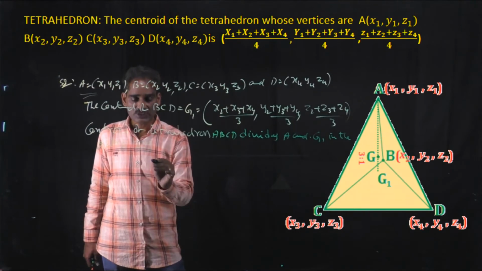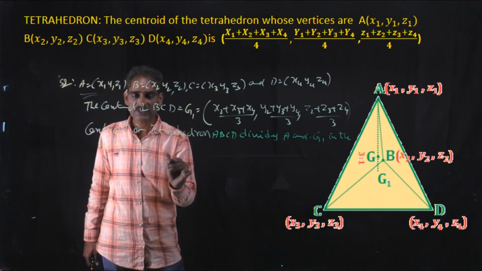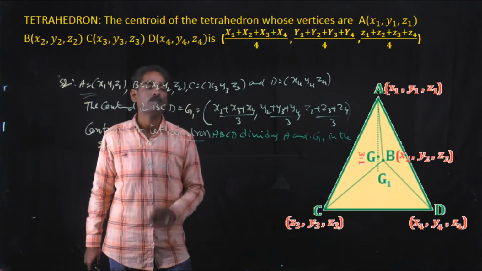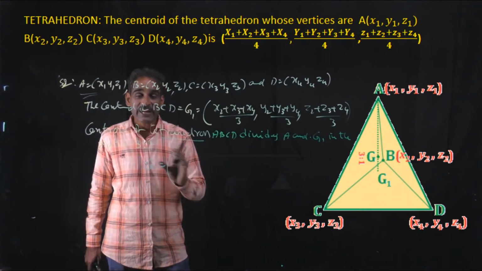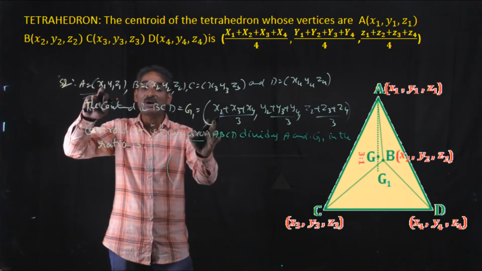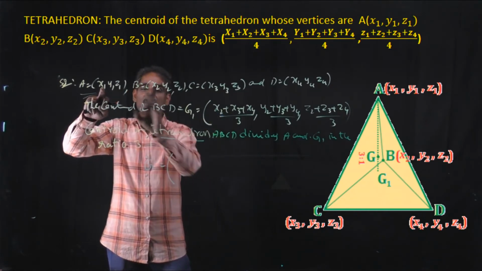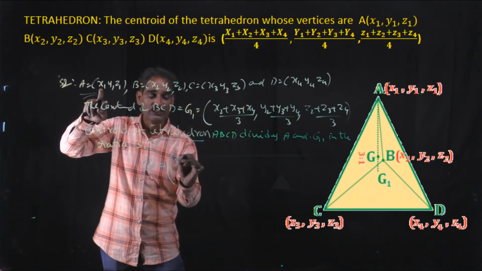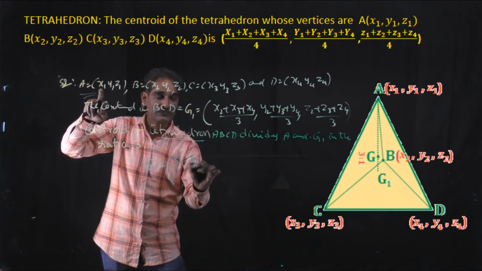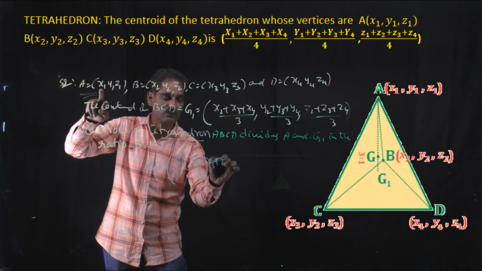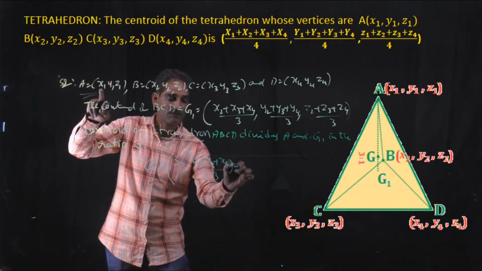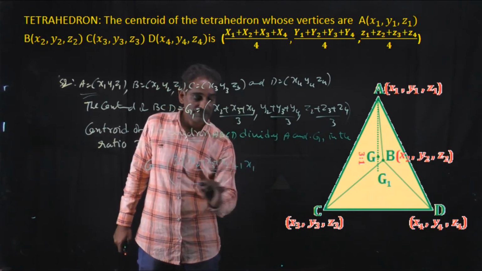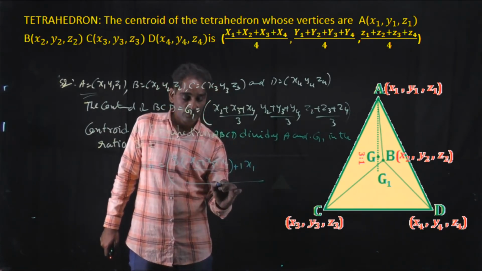Let it be G, the centroid of the tetrahedron. G divides A and G1 in the ratio 3:1. So the x coordinate is 3 into (x2 + x3 + x4)/3 plus 1 into x1, whole divided by 3 plus 1.